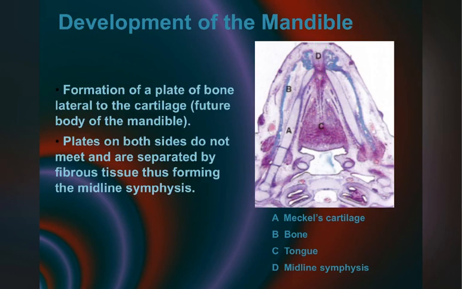You see the two bones are not meeting each other at this stage. They are separated by fibrous tissue called mandibular symphysis. Then, as we explained before, this mandibular symphysis will become later cartilage, then the cartilage will be replaced by bone.